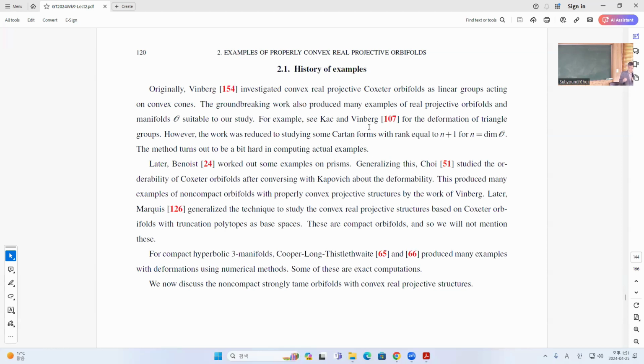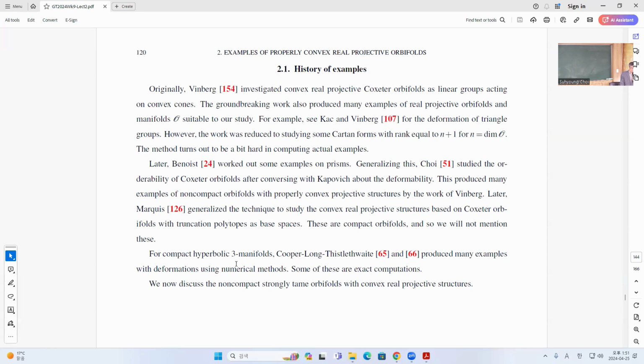Right, Kac and Vinberg were the first ones to find some deformations of triangle groups. So this gave you some properly convex structures which are not quotients of hyperbolic space, and this was done by deforming these Cartan matrices. Then we study some things here with the orderability, and Marquis studied truncation polytopes.